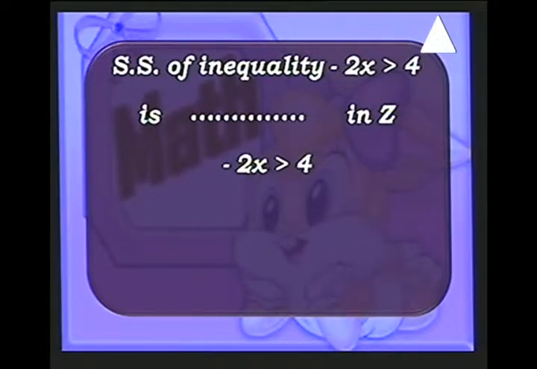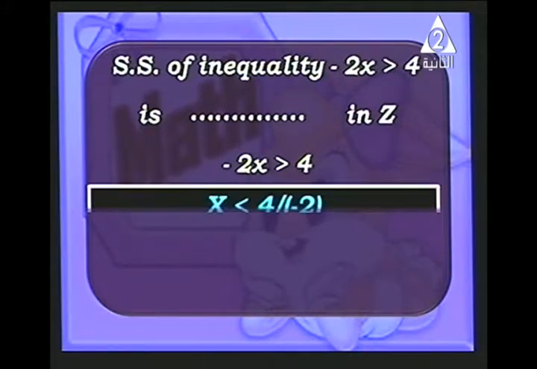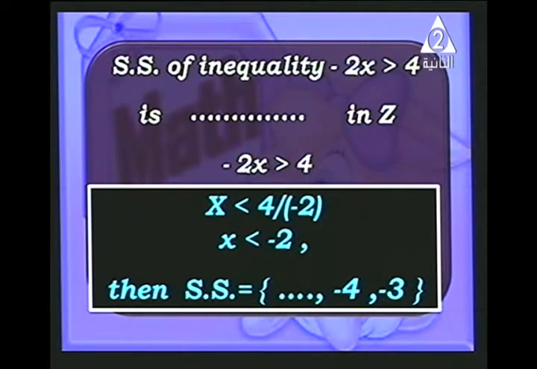But here you are going to take good care that you are going to divide by a negative number. So you are going to exchange your sign. Instead of greater, it will be smaller. Then x is going to be smaller than 4 divided by negative 2. Then x is smaller than negative 2.